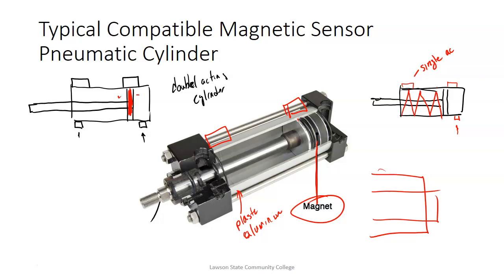So now that we've got these cylinders that have magnets built into them, we can use reed switches or Hall effect sensors to tell if it's fully extended or fully retracted, or we could actually use it to tell if it's in the middle. But we'd have to have a special valve that controls this to stop a cylinder in the middle.